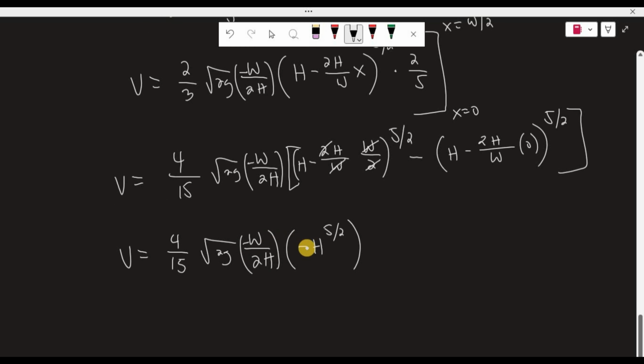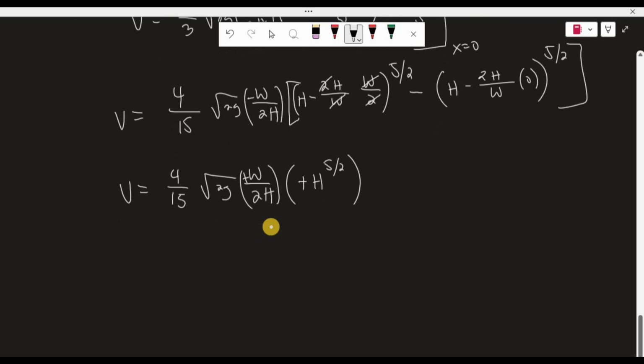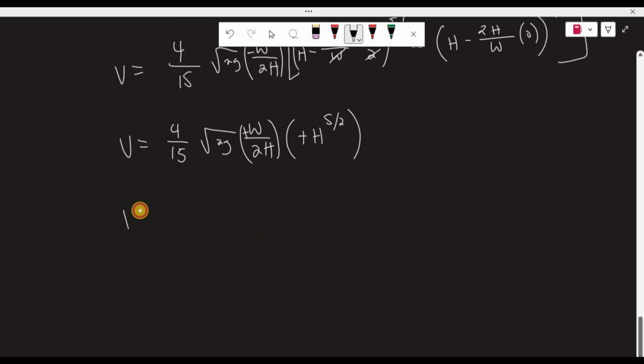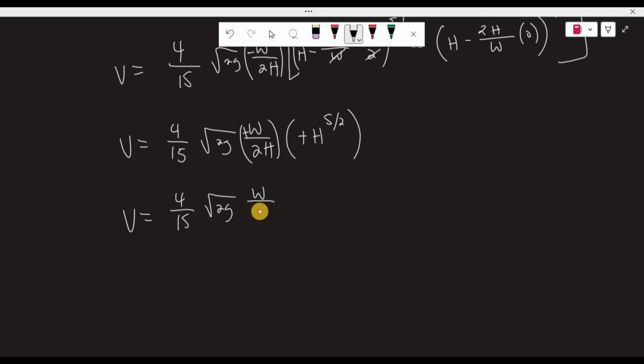So negative times negative will become positive. So in other words, volume equals 4 over 15 square root of 2g w over 2h h to the power 5 halves.